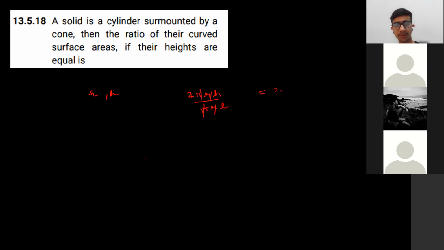This cancels out. 2h divided by square root of h square plus r square. If the question had been like, if their heights are equal and the height is equal to the radius, then this will be 2 times h divided by square root of 2 times h. This cancels out. And it will be root 2 by 1. So root 2 is to 1.